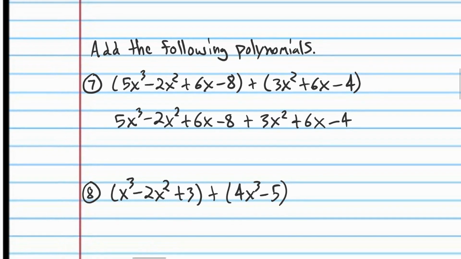So it's just the same problem that we did previously. We're just going to add like terms. So you can see that we have the biggest power there, and then we have x squared, and 6x plus 6x is 12x.